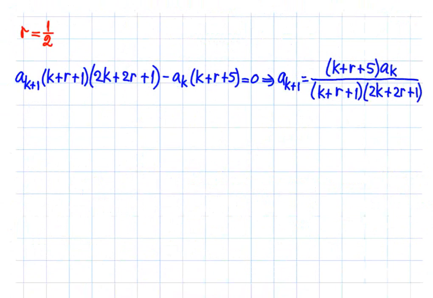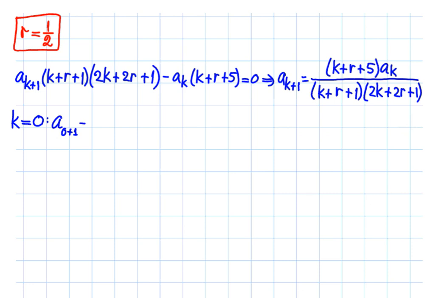If we choose k equal to 0, and again we still have r equal to 1/2. When r equal to 0, there will be another solution, but we focus on this one only. That's a long problem already. So we put 0 for k, so 0 plus 1, so that's just a1.